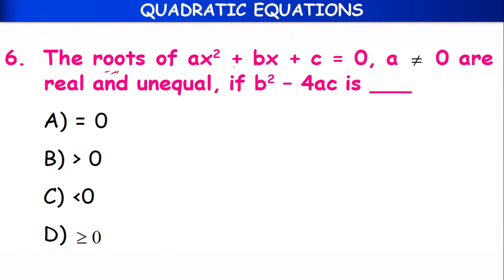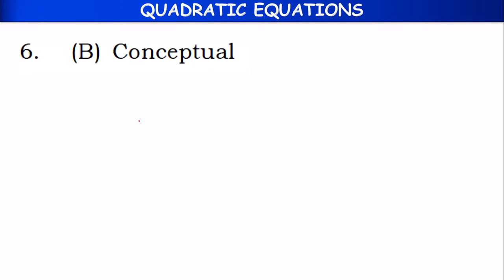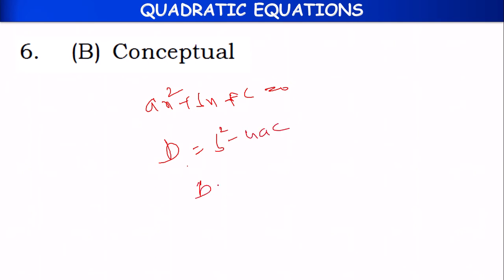If the roots are real and unequal, then what about the b square minus 4ac value? Already we have learned that for any quadratic equation, the nature of roots depends on the discriminant value, which is b square minus 4ac. If discriminant is greater than 0, the roots are real and unequal.